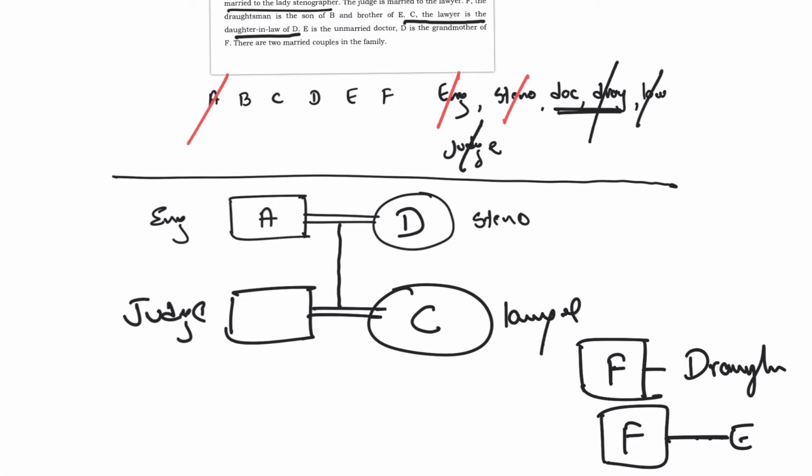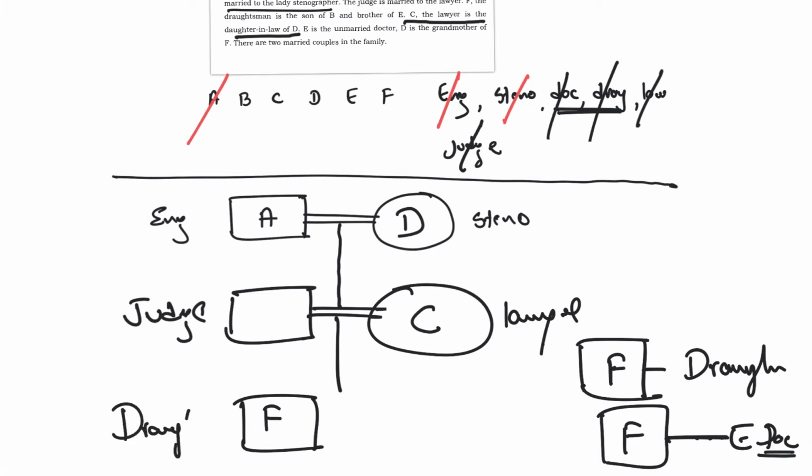E is the unmarried doctor, so we got doctor here. D is the grandmother of F, which means first generation, second generation and third generation, F will be here, my dear friends. F is male and draughtsman, and E is the sibling and doctor.